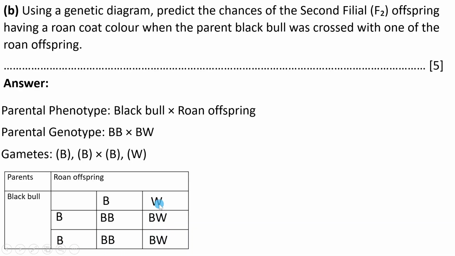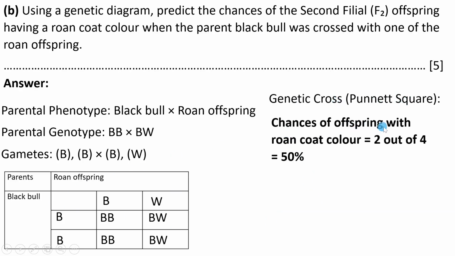So in answering we say this is a Punnett square which we have drawn. The chances of offspring with roan coat color are 2 out of 4, which is 50%.